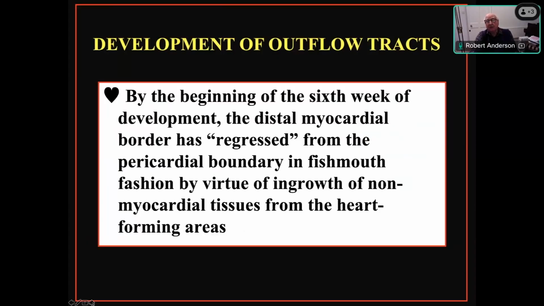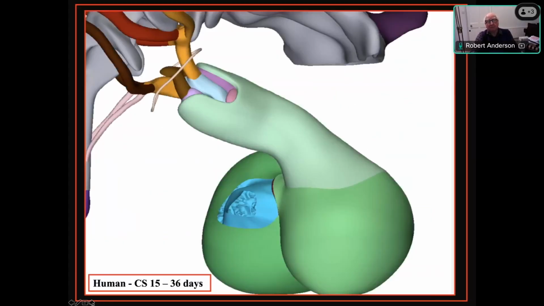And it is the ingrowth of these non-myocardial tissues that will give us the arterial components of the definitive outflow tract. And as this starts, and as we look at this distal regression, initially we see it occurring in fish mouth fashion. Now, what do I mean by fish mouth regression of the distal myocardial border?